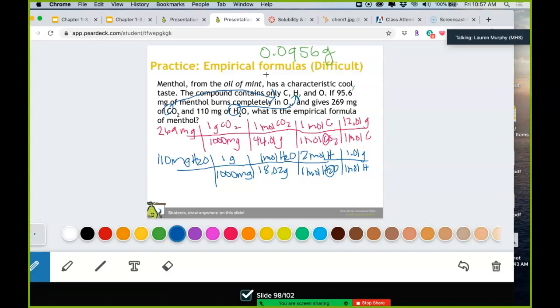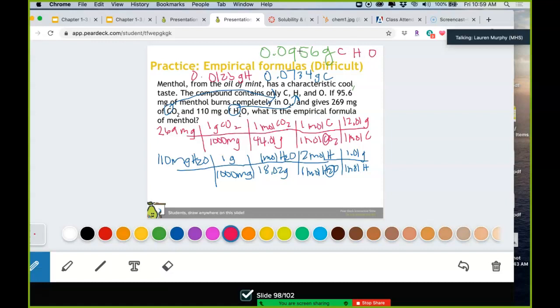So we get 0.0734 grams of carbon, and then 110 divided by 1,000 divided by 18.02 times 2, because water molecules have 2 hydrogens in them, times 1.01. This is 0.0123 grams of hydrogen. So remember, this guy is carbons and hydrogens and oxygens.